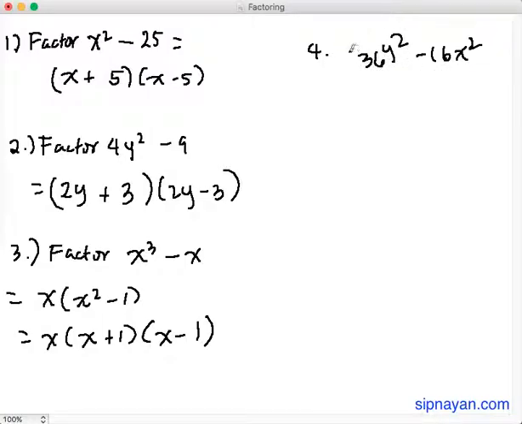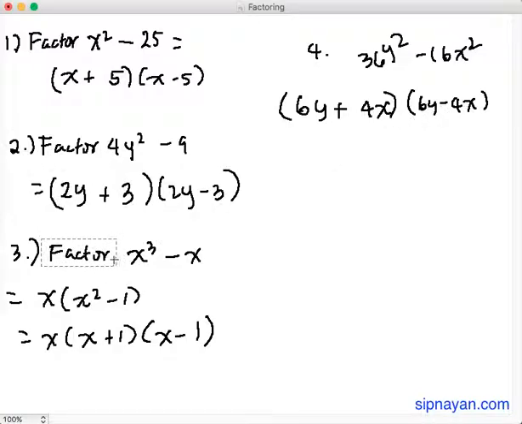So let's get the square roots. This is 6y, and this is 4x. So we have 6y plus 4x times the quantity 6y minus 4x. And again, the question here is still, what's the factor? It's for number 4. Okay, so I think that's it.